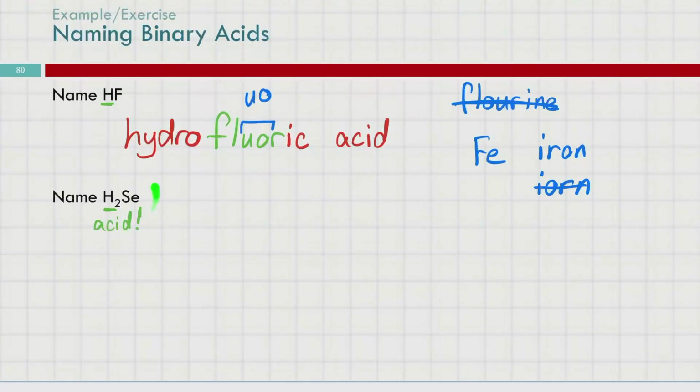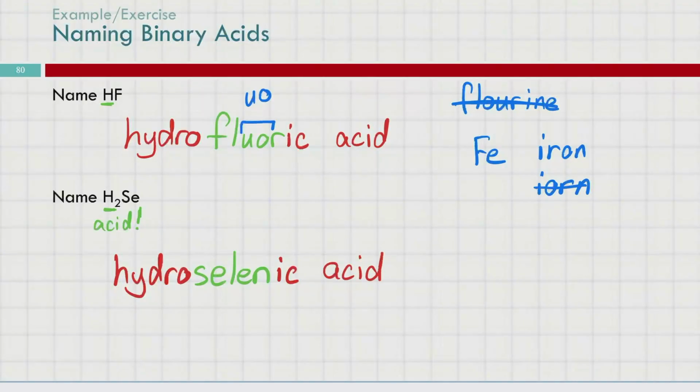And then we can get down to naming it. So we've just got two things. We've got the hydrogen, we've got the selenium. And since it's a binary acid, we have this hydro prefix. And then we do the base of the name for selenium. So selen. Drop the ium at the end. And then our rule is that we change the ending to ic and add acid to the end. So this would be hydroselenic acid.